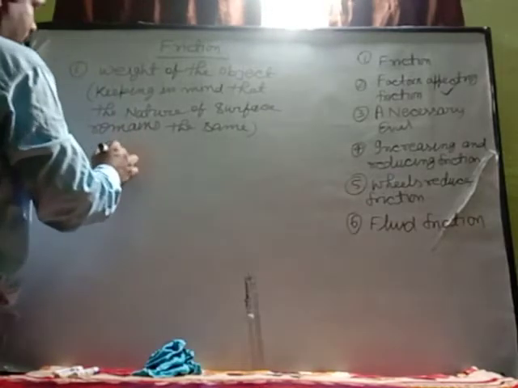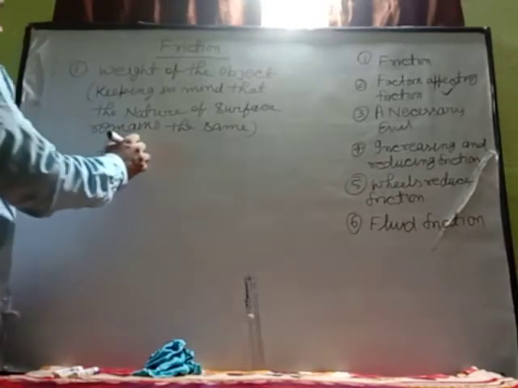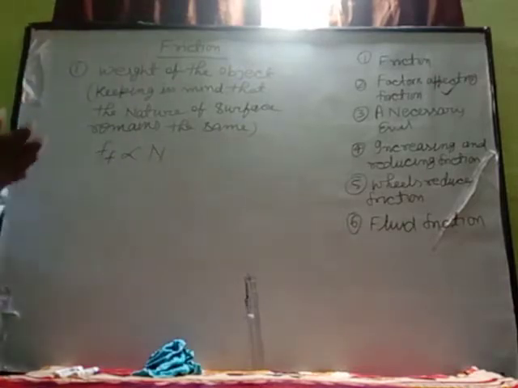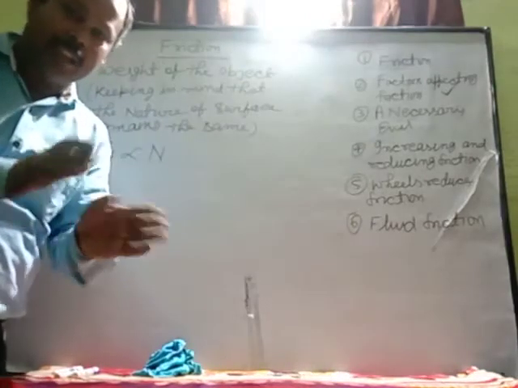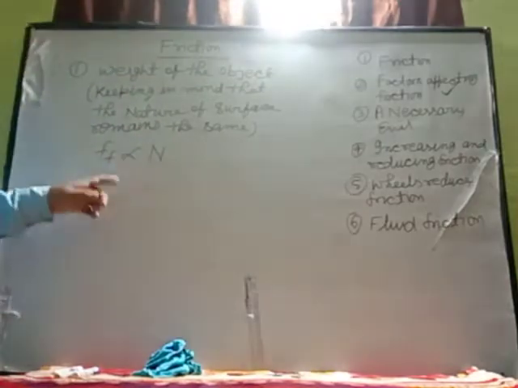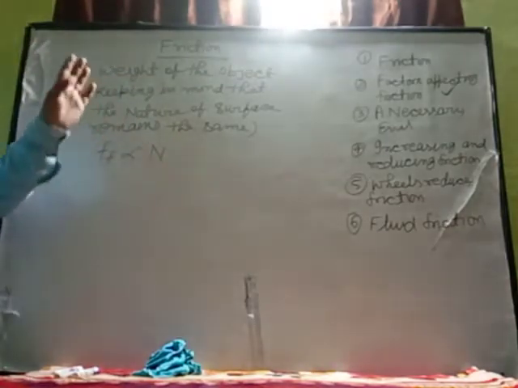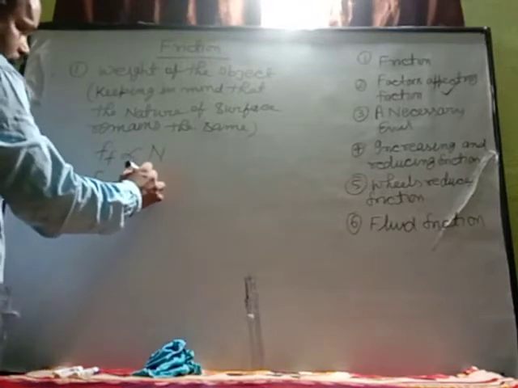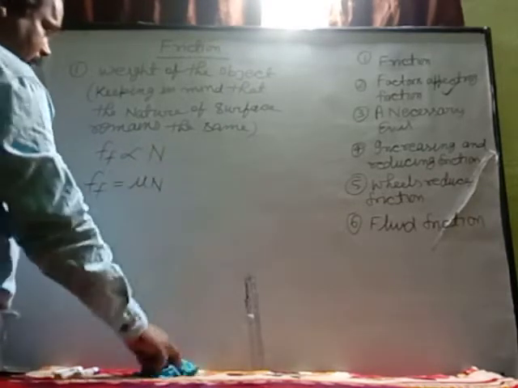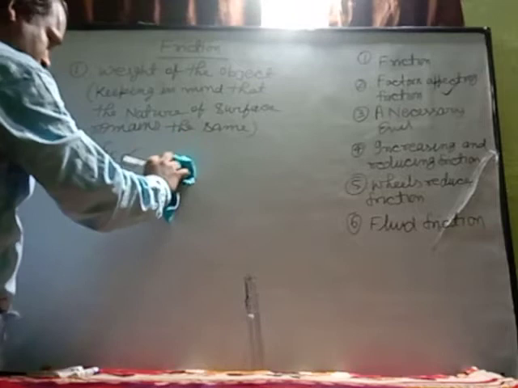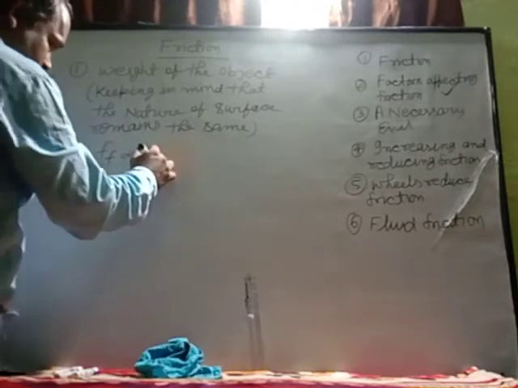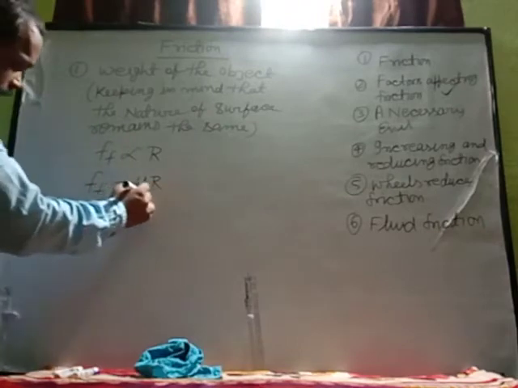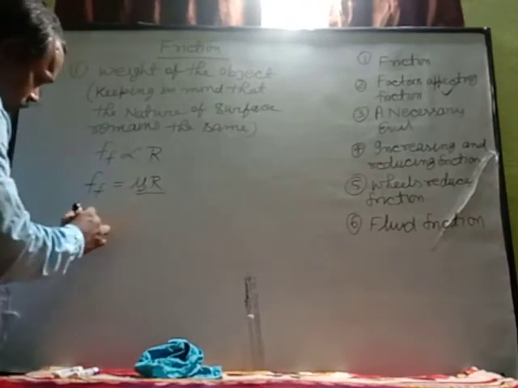because force of friction is directly proportional to normal reaction. However, if you are able to understand it, then understand, otherwise no need to understand. Force of friction is directly proportional to normal reaction. Force of friction is equal to mu N. Sometimes in modern physics, normal reaction is indicated by capital R. So force of friction is equal to mu R, where mu is the proportionality constant.